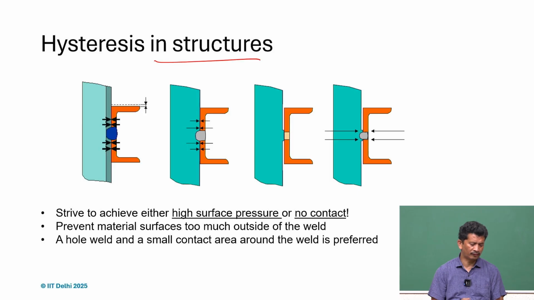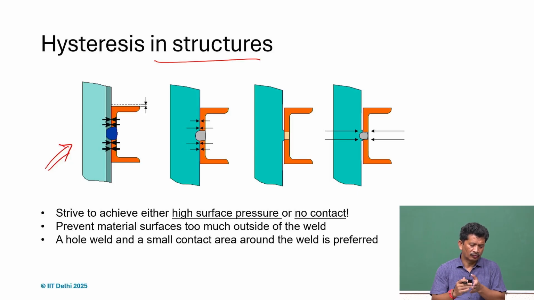In this case, if we are talking about structures and weldments, suppose this orange part is welded to this frame, what will happen? The key point is, if the stress distribution is very large, so in some places we have high stresses, but in some places very small, there is a gradient.